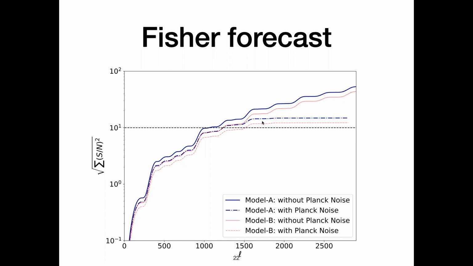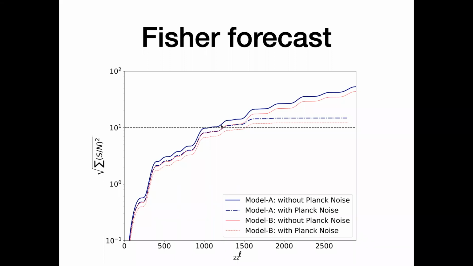The x-axis is the number of multipoles that we can calculate up to, right? Unfortunately, the Planck satellite is not able to calculate at multipoles higher than 2500.